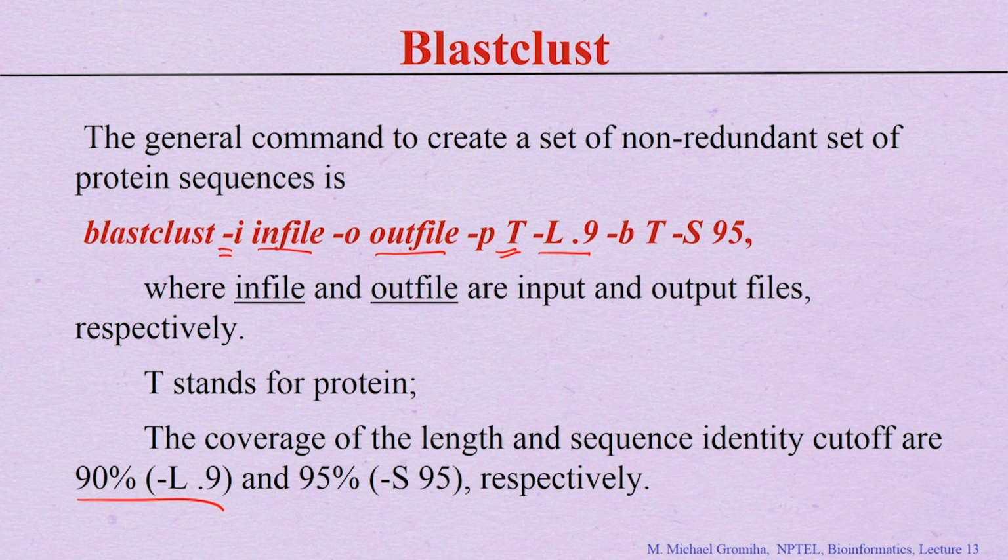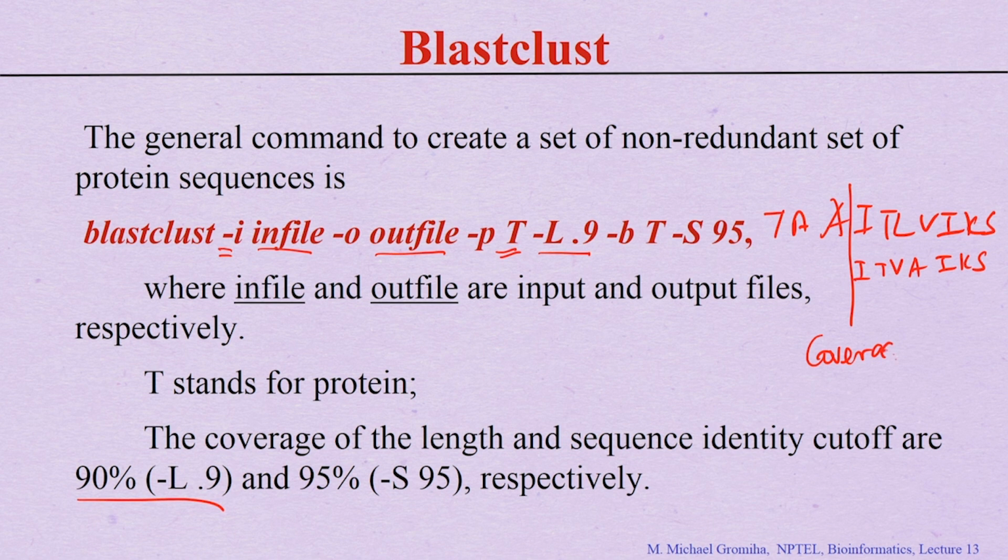For example, if you have one sequence, AITLVIK, and you see it is aligned only in some part of the sequence, in this case what is the query coverage? Coverage equal to 70%. So, this is how much coverage you can accept, and then you can see the S95.